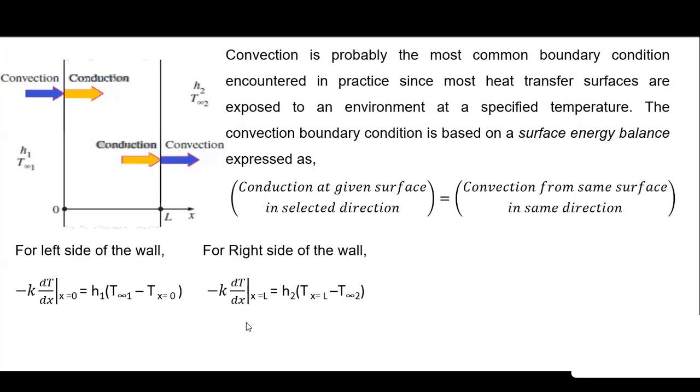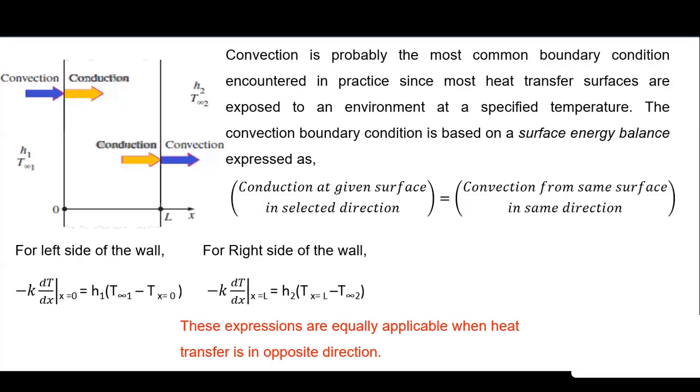If you remember this, you can write down these equations very easily in terms of the boundary conditions. So this is the convective boundary condition. These expressions are equally applicable when the heat transfer is in the opposite direction, so it doesn't create any difference.